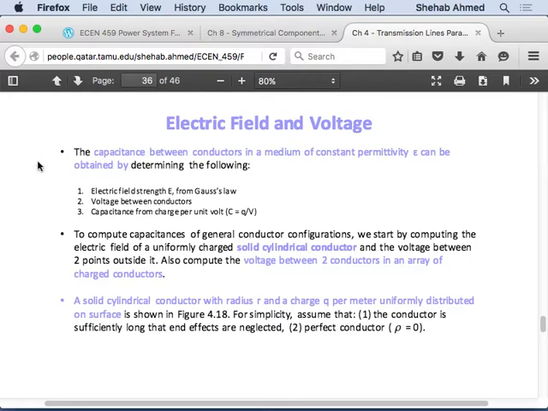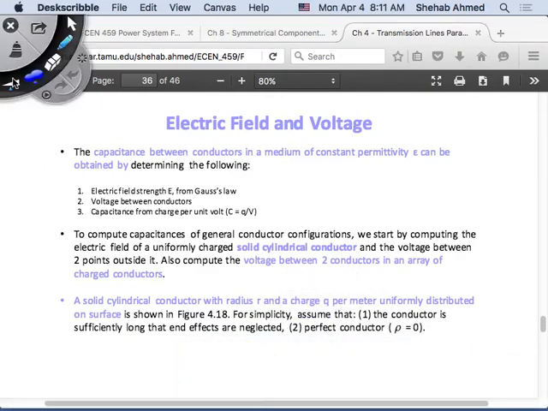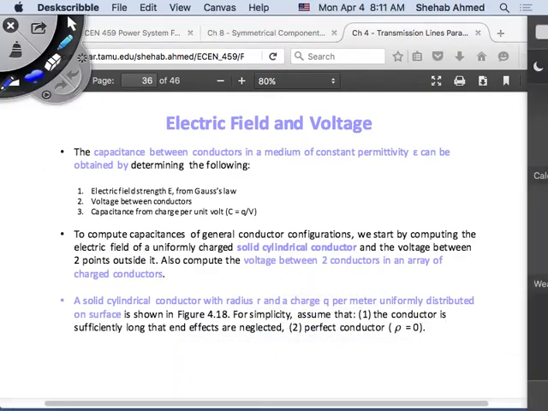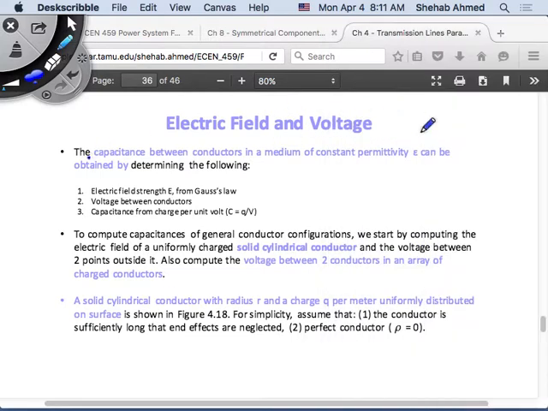So the process is as follows for the capacitance calculation. We know the relationship between current and voltage, IC equals C dVc/dt, the current and voltage across and through a capacitor.